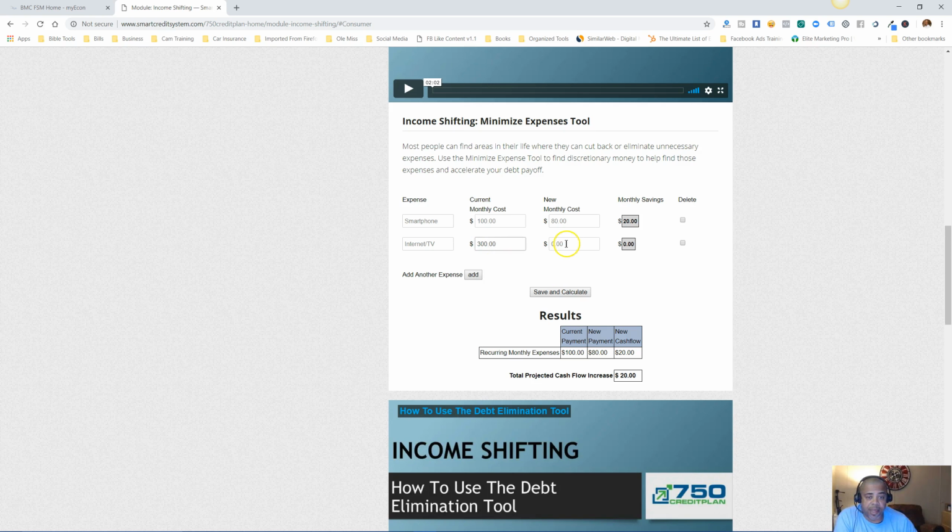Okay, if you can get that down by taking off some of the channels and going down to a little lower internet speed, let's say that drops down to just hypothetically $150. Okay, and so you would keep adding here the expenses that you have. You know, what other expenses do you see that you are spending a lot of money on that you can add to this?